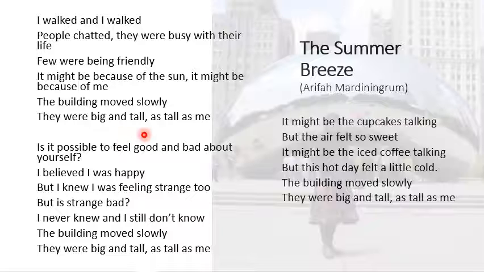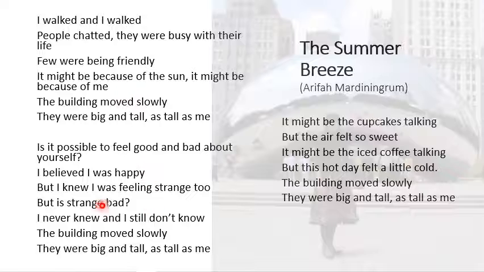That's why I use this simile, comparing myself to this building, because I also felt big, because I felt accomplished. I have finished my master's degree. So the first stanza shows a happy, calm, satisfied feeling.